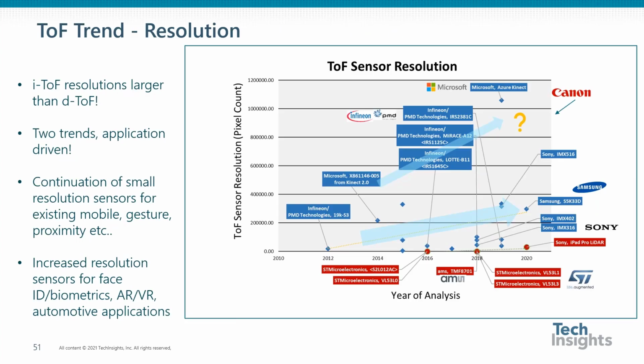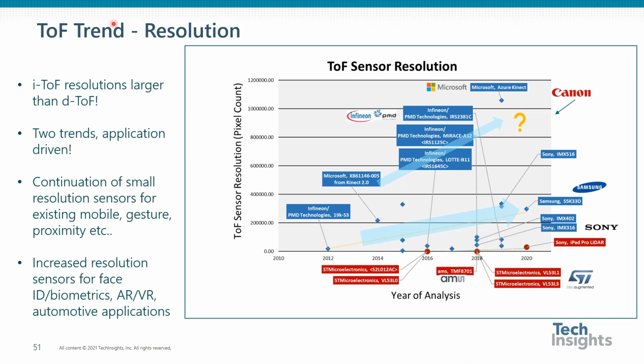Here we show the trend for resolution for time-of-flight sensors. This graph gives resolution or pixel count versus year of analysis. We present ITOF and DTOF separately. ITOF is in blue, and direct time-of-flight sensors resolution is in brown.